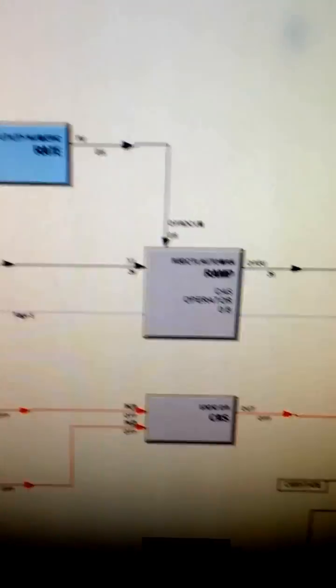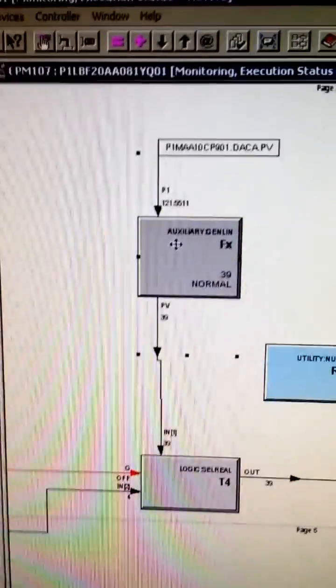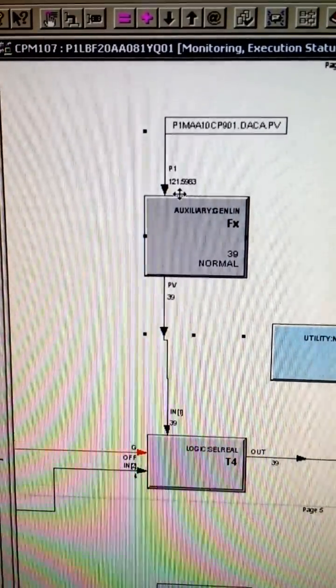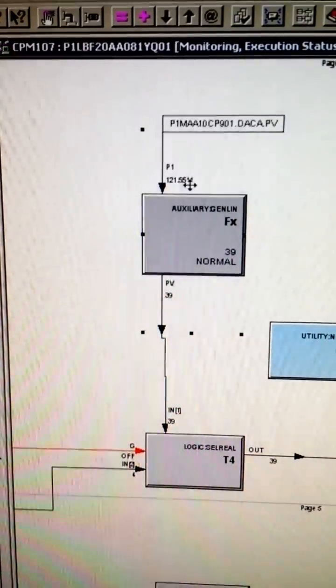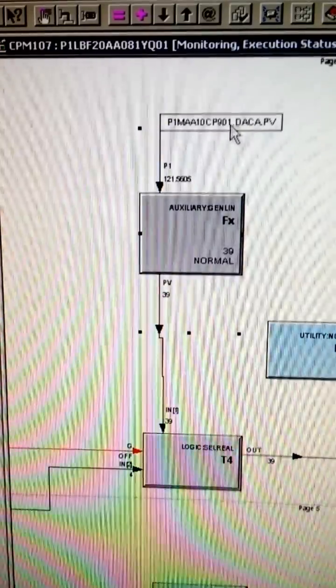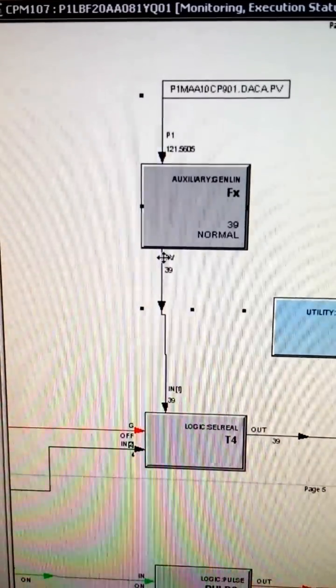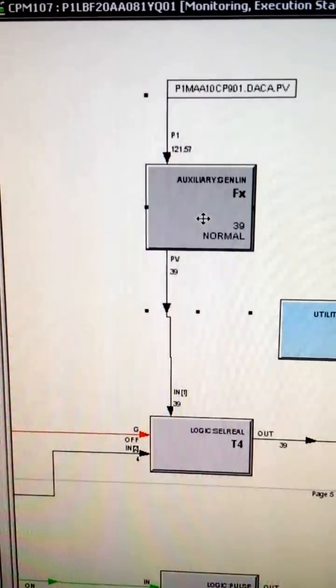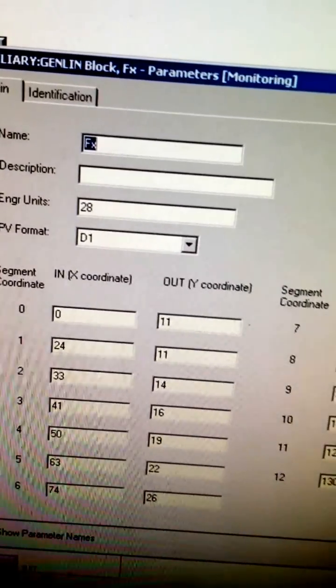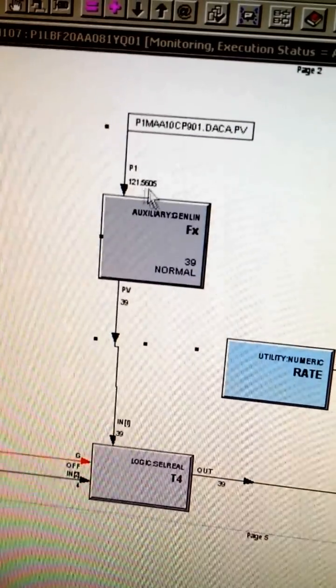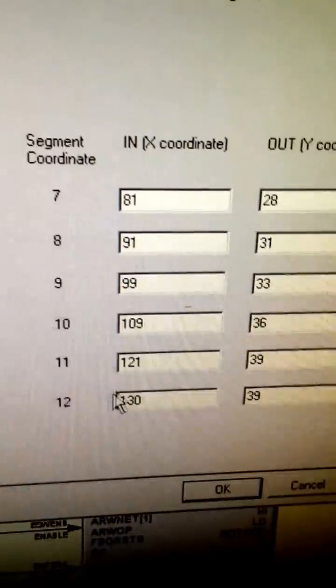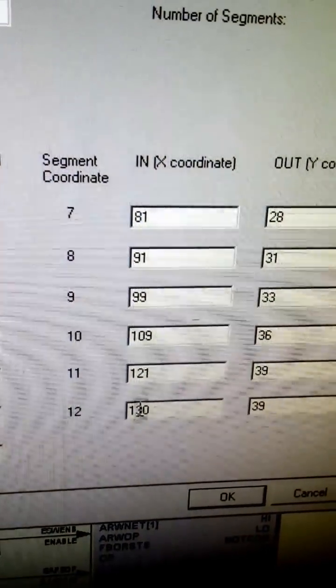Now let's see the actual. The input is 121.5 something. This is the pressure read out coming from this transmitter. Now the output is 39. So let's verify on the block. The input is 129.5, which is in between with this one, 121 and 130.